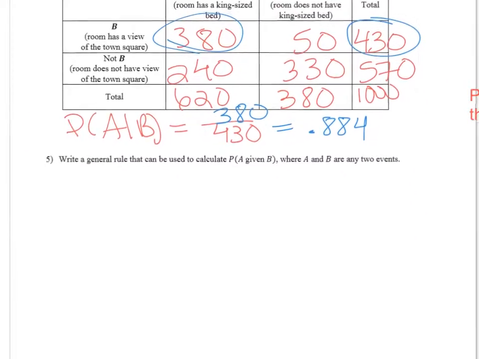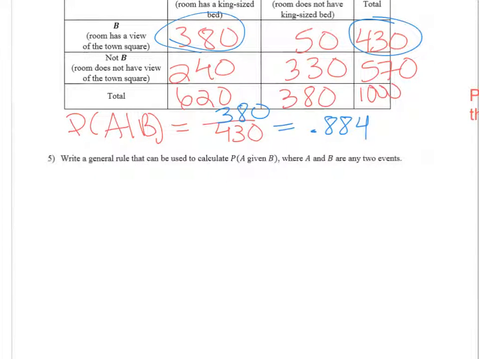So now if we go to write a general rule for any A and B, let's think about the values we got here. The 380 and the 430. If I wanted to write other fractions that would reduce to the 380 over 430, we could make a denominator on both of the 1,000.